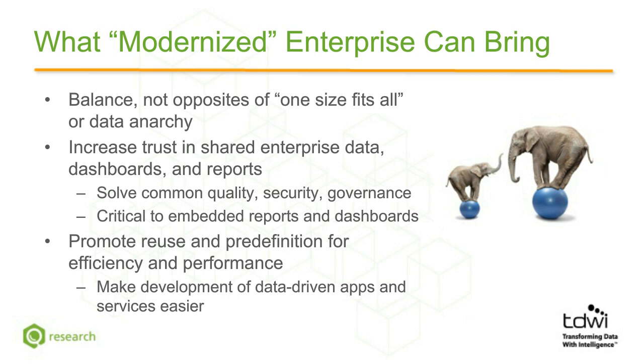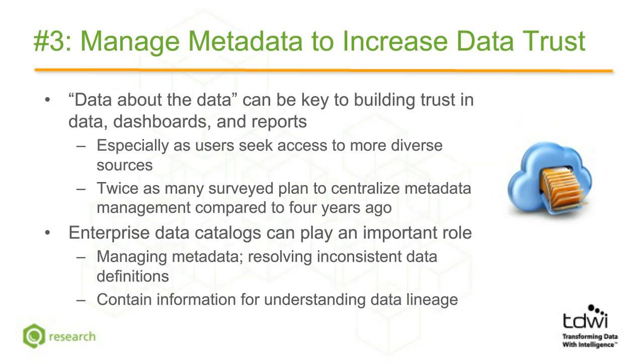Okay, let's go to number 3. And of course, one of the most important things in improving self-service is improving the knowledge about the data and making use of that effectively. So this is about metadata. It's data about the data. Of course, it expands beyond that to really understand things like data lineage, where the data came from, who's been using it, where the data is actually located, why it's located where it is, and differences in definitions.